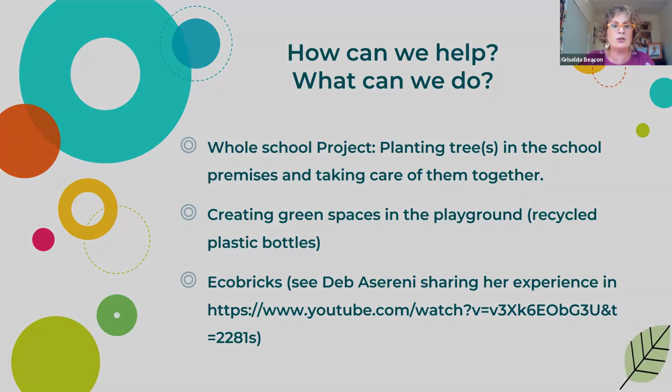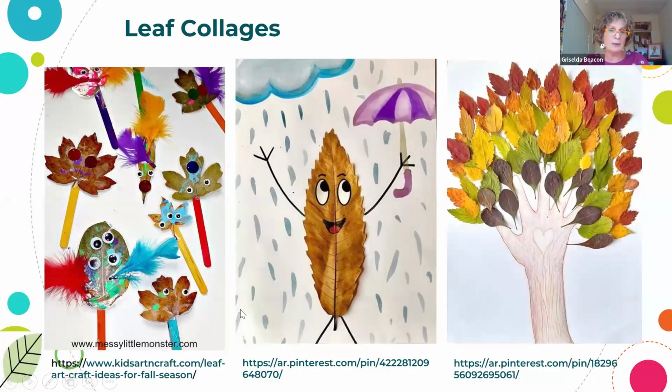And I have some pictures I took. This is, for example, something you can do. They can go out, they can go home, they can go to the park, and they can collect leaves. And with those leaves, they can create some artistic project, like trees, like these little ones with the wooden sticks, like little figures with feathers.